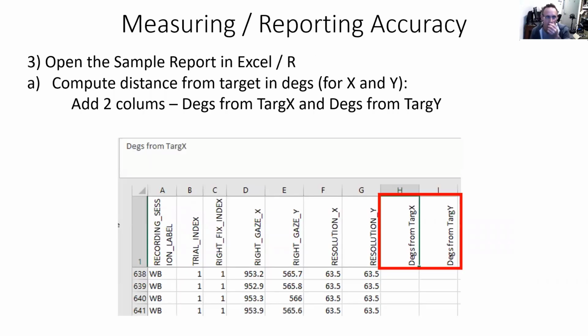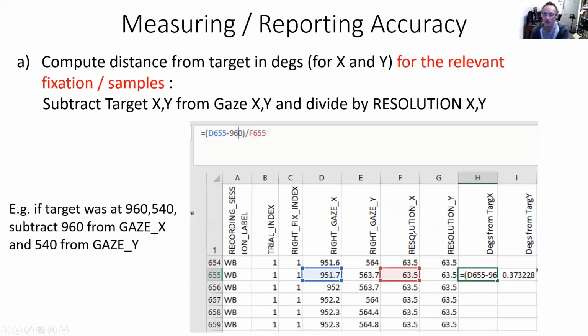So we're going to open that sample report in Excel or R or whatever our favorite program for processing data is, Python. Mine's Excel because I'm not very clever. And we're going to see all of our data, and we're going to create two columns, degrees from target X, degrees from target Y. And we're going to find the samples we want.